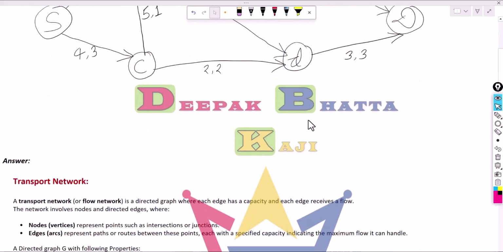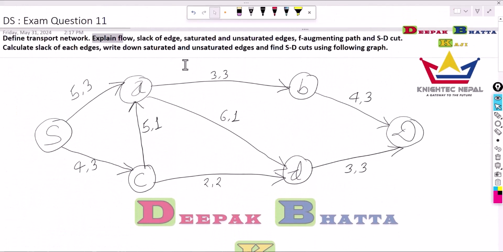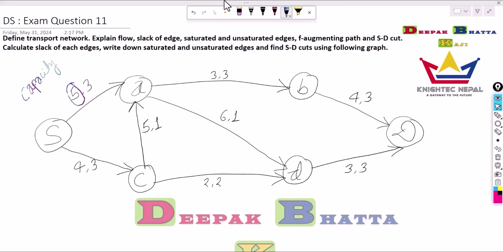In the given question, we can find out which one is flow and which one is capacity. So this 5 is a capacity, and this 3 is a flow. Likewise, from S to C edge, 4 is a capacity, and this 3 is a flow.